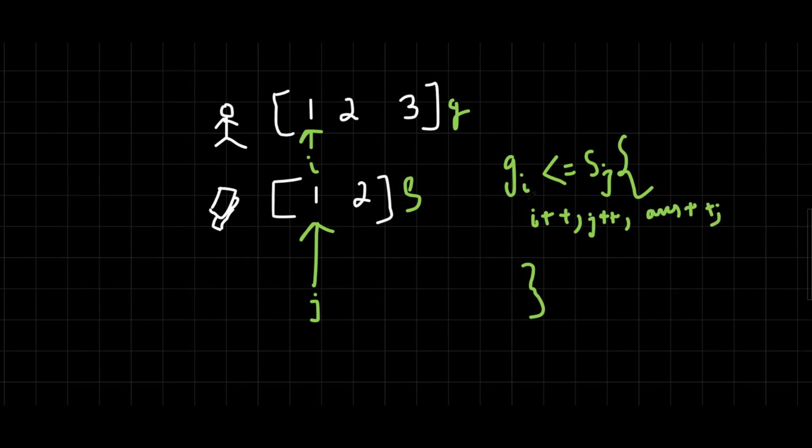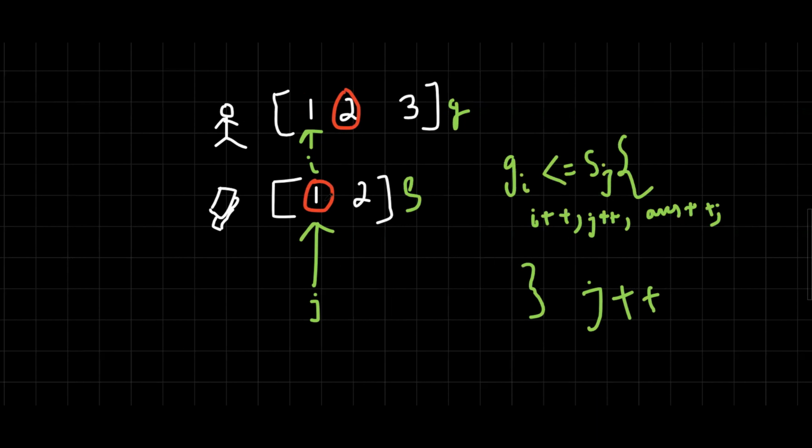But if this condition is not true, that means we were not able to satisfy this student. In those kinds of cases, we have to upgrade our j pointer. Why? Suppose we were not able to satisfy this child by using this cookie, because this child has the greed factor 2, but the cookie size is 1.